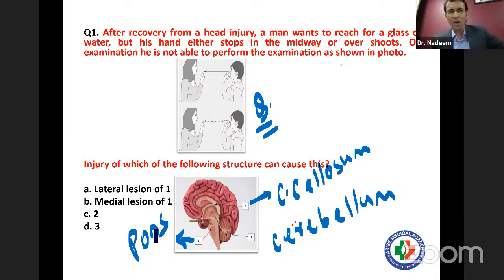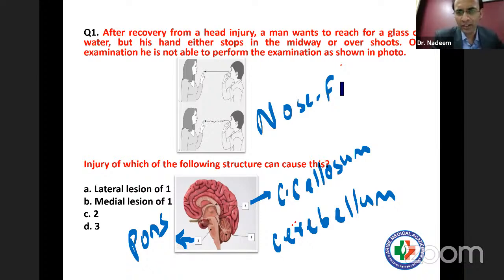Now, in this question, what is happening here after the head injury is that the patient does not have smooth coordination in voluntary movements. I hope you remember there is something called the nose and finger test.